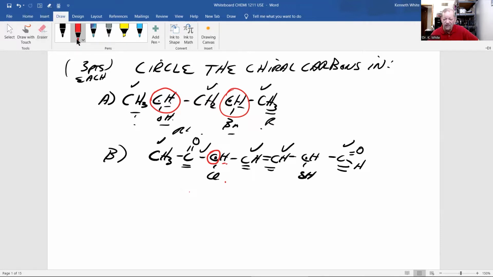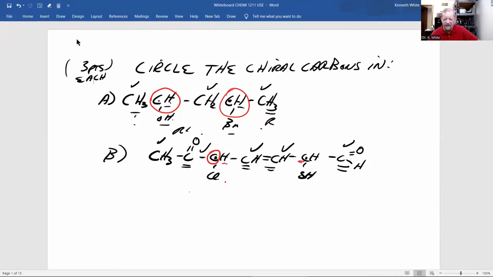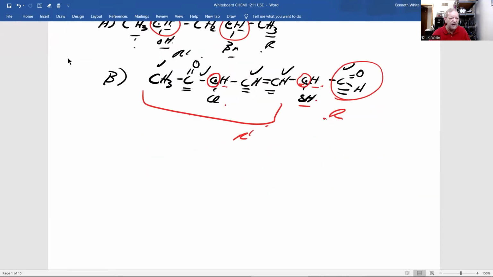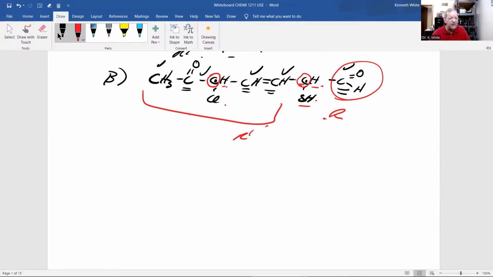Now, if we look at this carbon right here, it's got a hydrogen and a thiol group. This aldehyde I'll call R, and all the rest R prime. 4 different groups or atoms or combination. 1, 2, 3, 4. Therefore, that's a chiral carbon. And that's how you do it. So I'm going to let you try 1 or 2 of them.